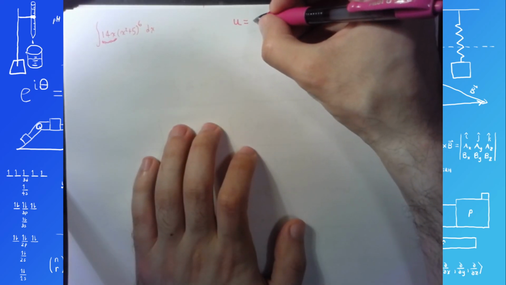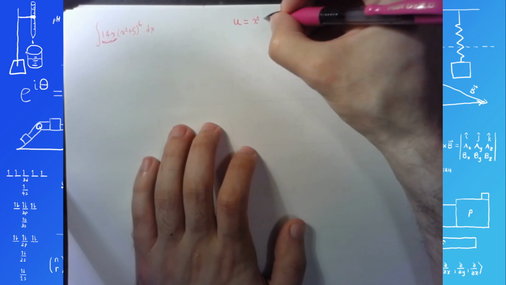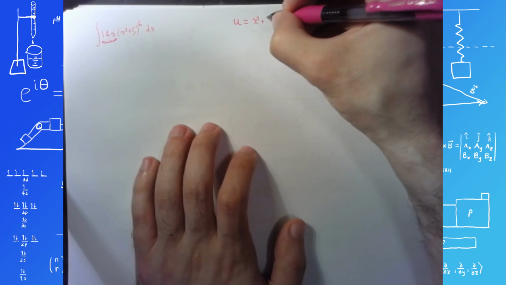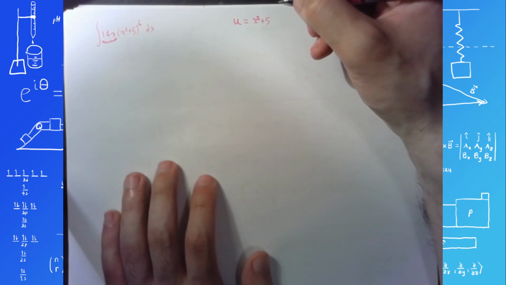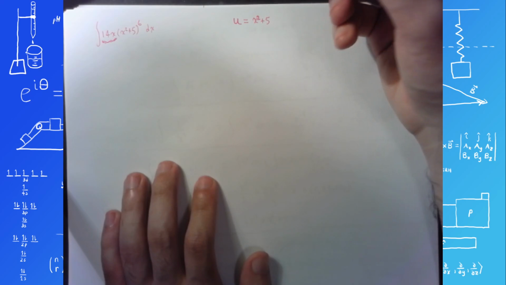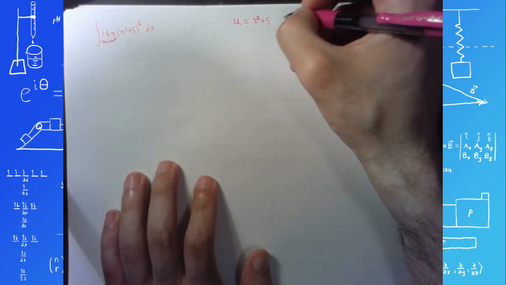So I'm going to do u equals x squared plus 5. Now I want to take the derivative of this expression.